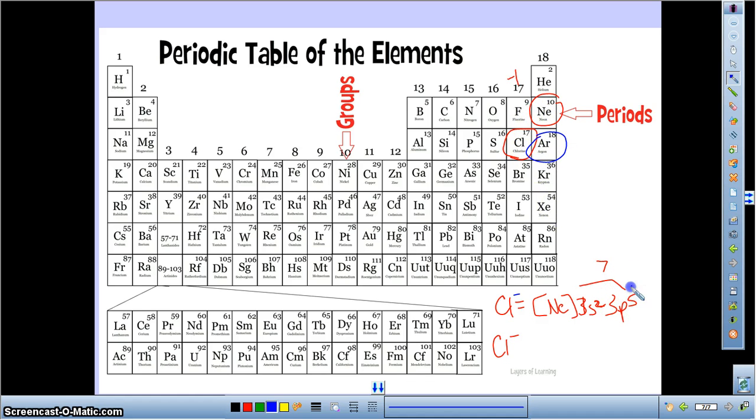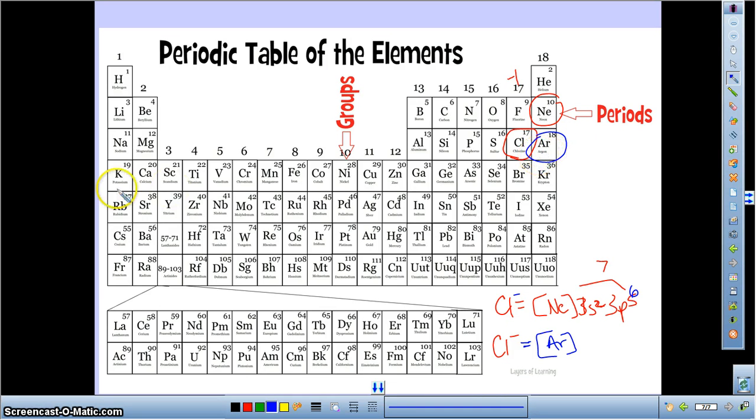So the noble gas configuration for the chloride ion is going to be argon. It's isoelectronic to argon. So even though writing it as an element, we go back to the noble gas before it, when we look at nonmetals that gain electrons, they become isoelectronically like the noble gas after them.